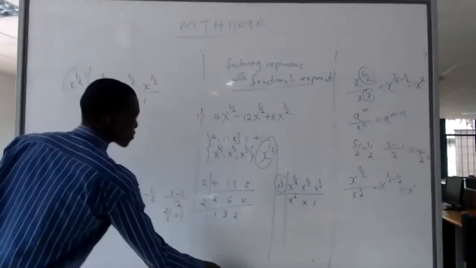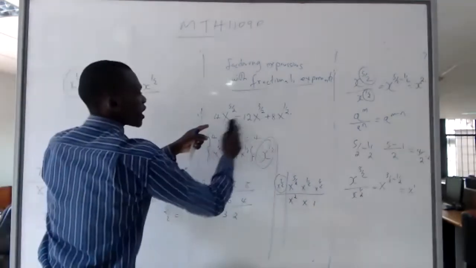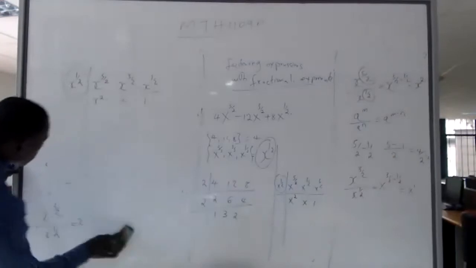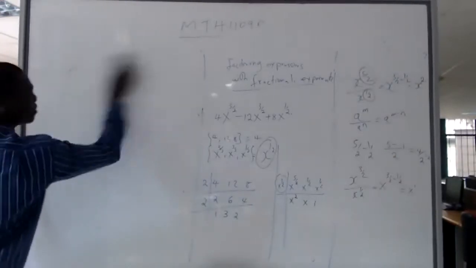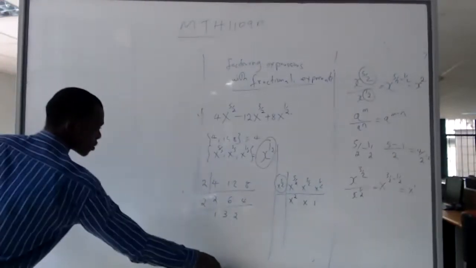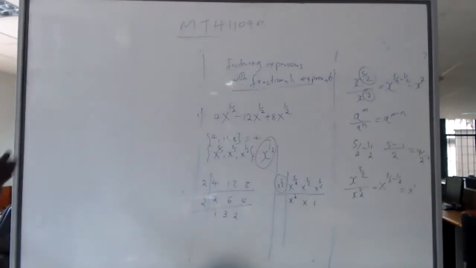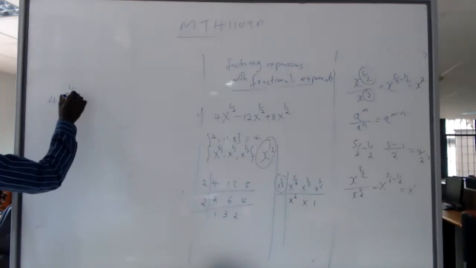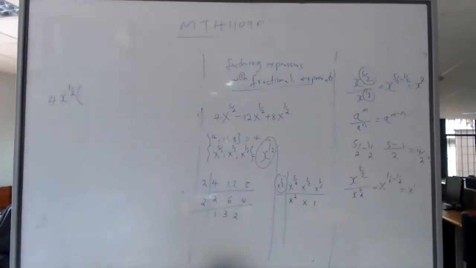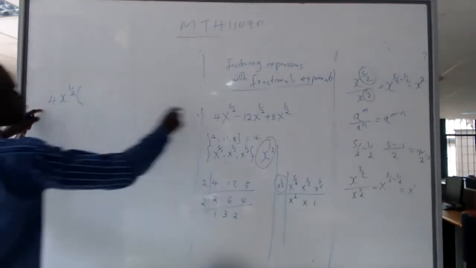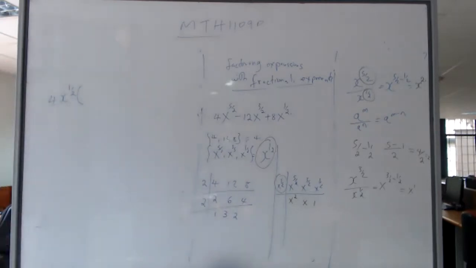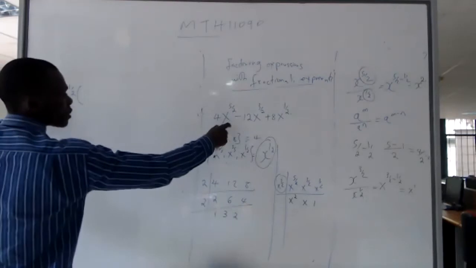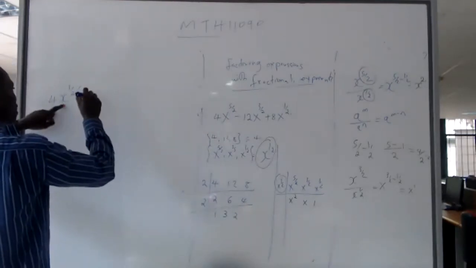So now, the common factor for the entire expression will be the product. We need to factor out the product, which is 4 times x power 1/2. Of course, 4 goes into 4 once. Then x power 1/2 will go into x power 5/2 to give x squared.